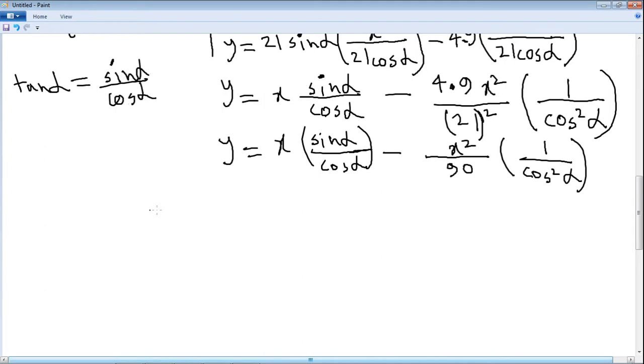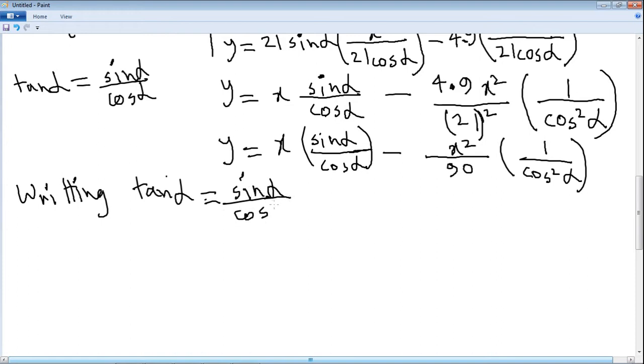So writing tan alpha is equal to sin alpha by cos alpha.